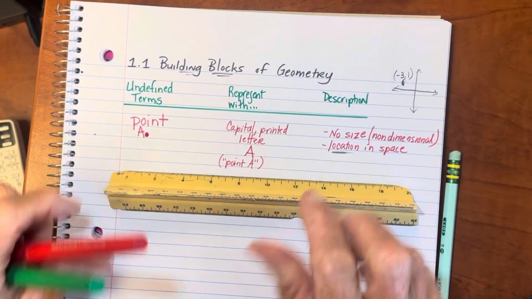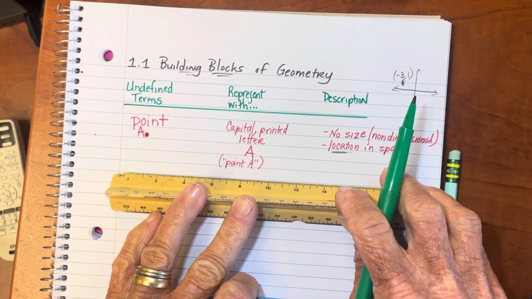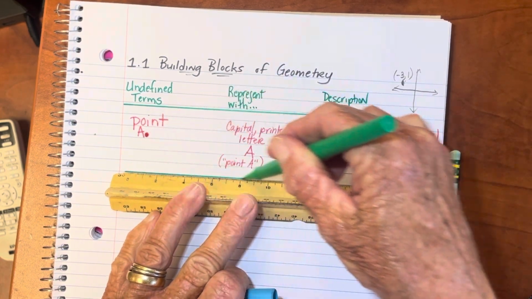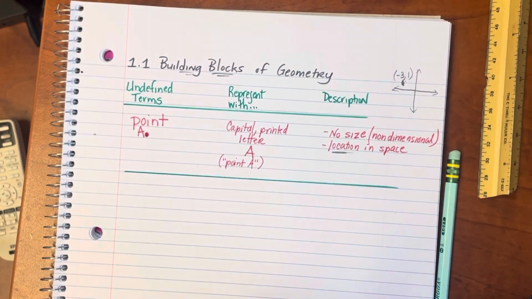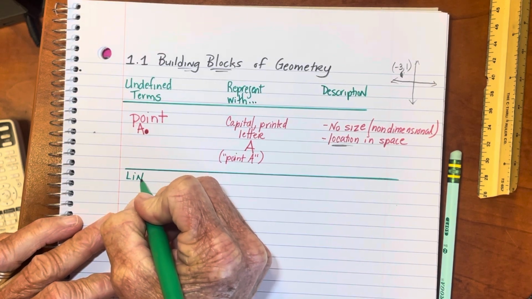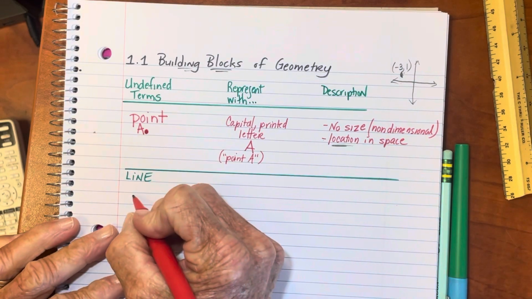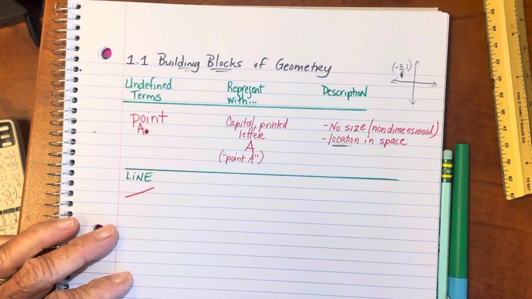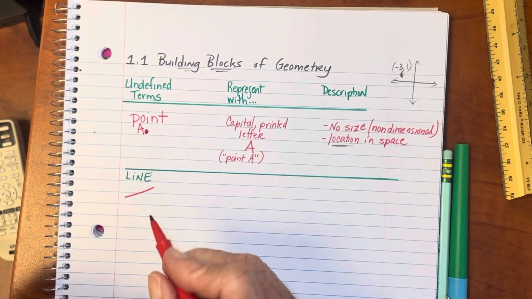All right, our second undefined term. And once we accept that these three terms are what they are, we use them to define pretty much everything else that comes along. So the next thing is a line. And we show a line. If I just did that, that's just part of a line. That's a segment.